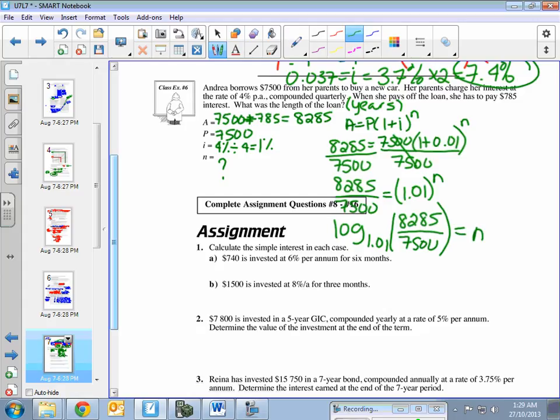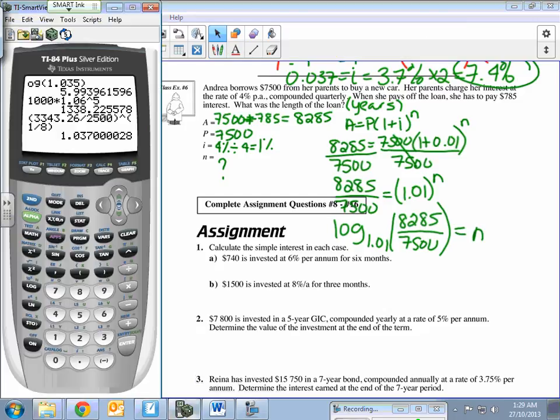Put this right into your calculator. So log of your argument, so log of 8285 divided by 7500, close your bracket, divide by log of your base, 1.01, enter.